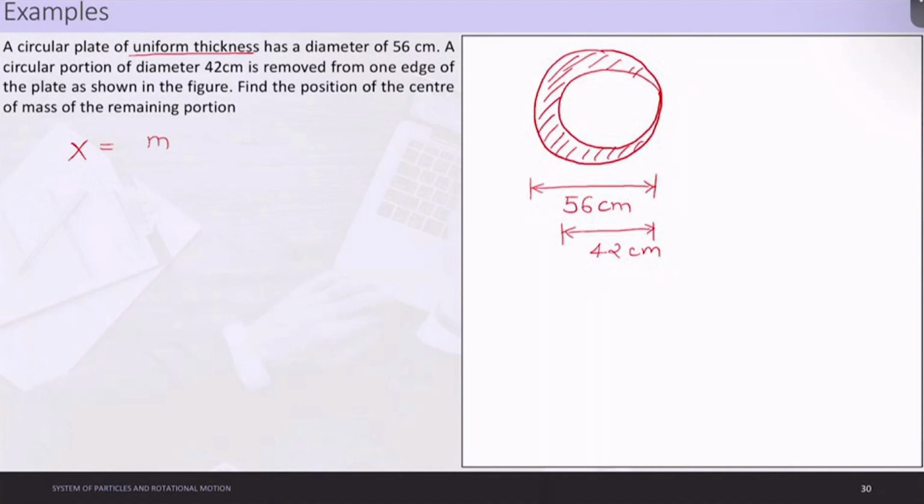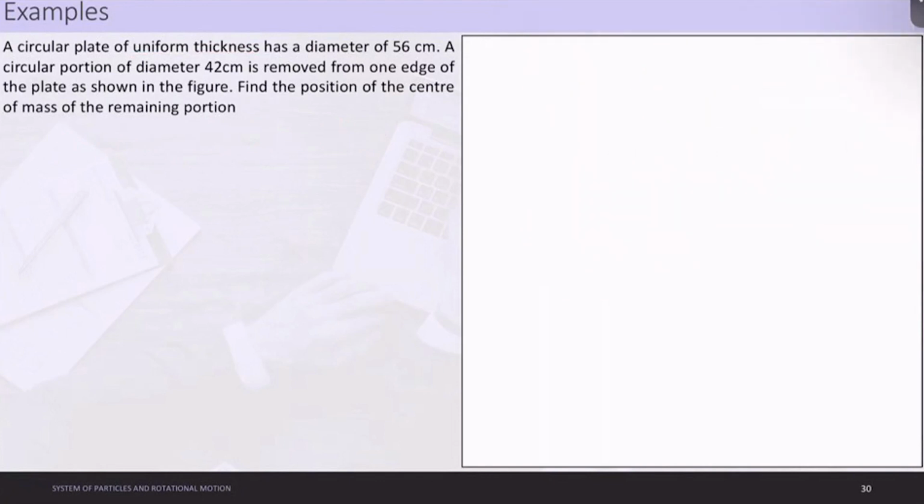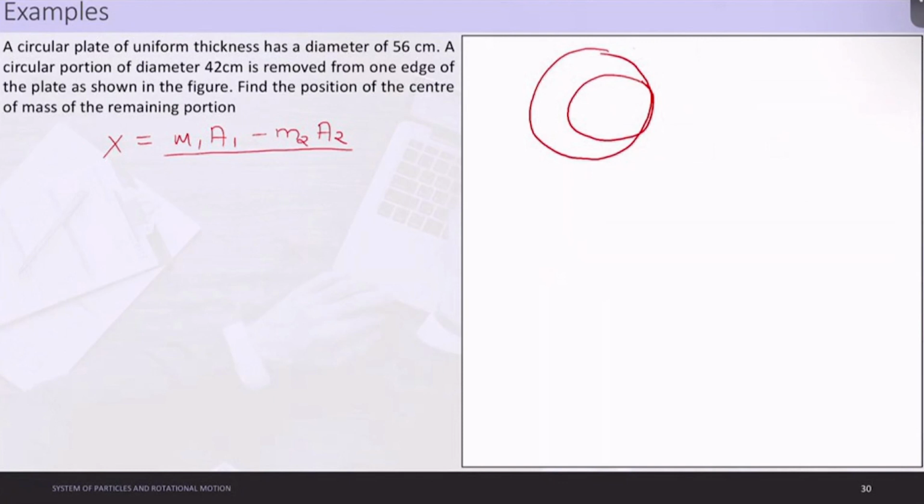So the center of mass can be located using M1A1 plus M2A2 as well. When we implement it in this fashion, we can write capital X as equal to M1A1 minus M2A2 upon M1 minus M2.